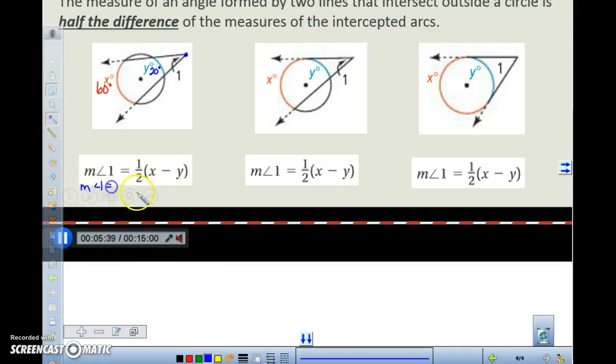The measure of angle 1 would equal 1/2 the biggest arc, which happens to be the red one here, so 60, minus 20, and therefore angle 1 would be 1/2 of 40, 20 degrees. And that would be the same for the other two cases.